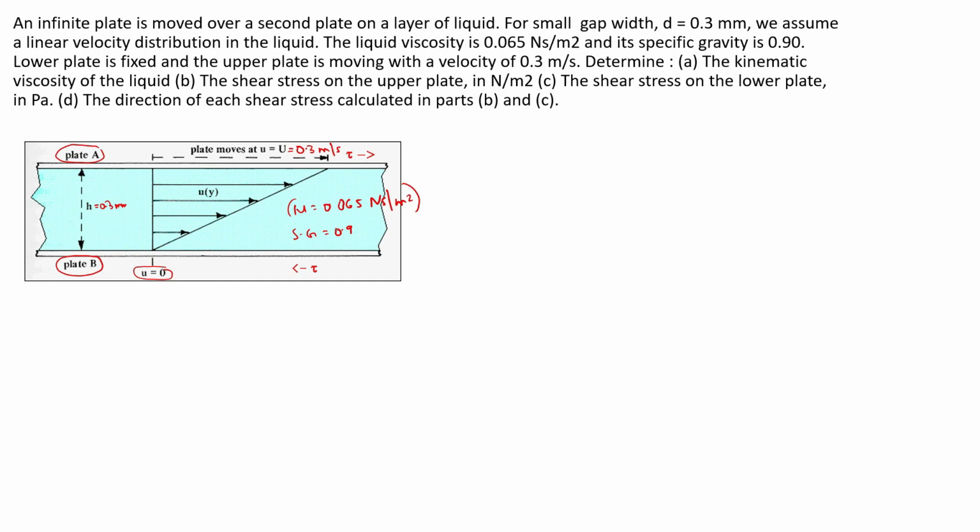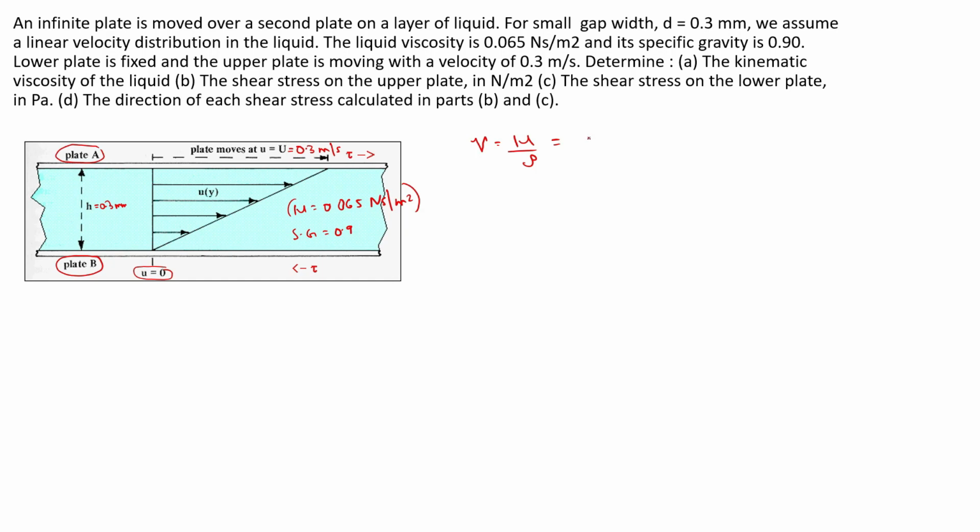First you need to find the kinematic viscosity of the oil. The kinematic viscosity of the oil, nu, is given as mu by rho, the dynamic viscosity by density. That is the formula for that.